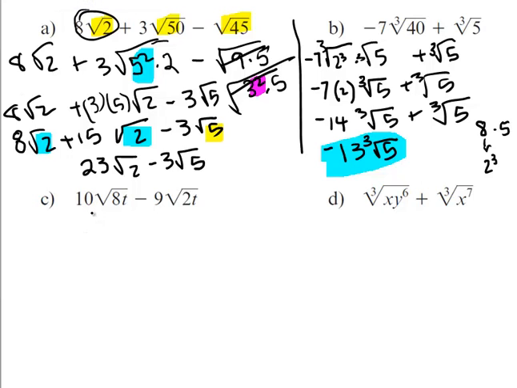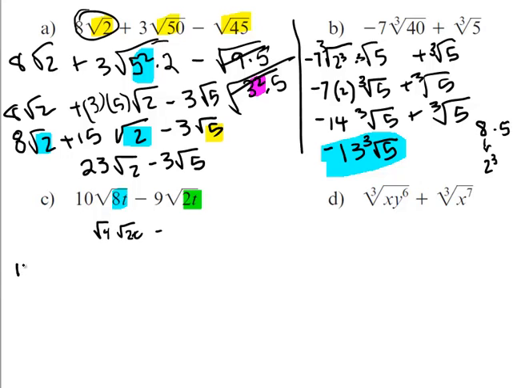So let's take a look at this. I have 10 root 8t minus 9 root 2t. Well, let's see what we've got in there. This one is as simplified as it's going to get. This is the same as the square root of 4 times the square root of 2t, right?